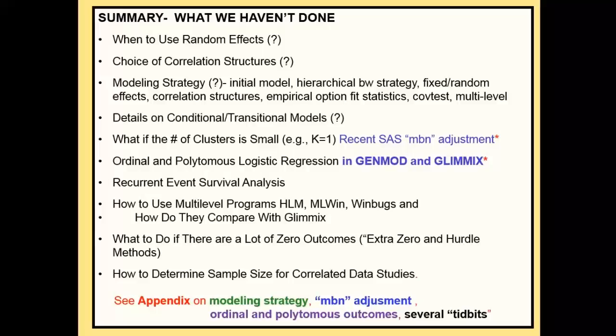Well, it's not that clear-cut, but one way you could decide that is to consider the most complicated set of random effects you want to allow yourself to worry about, fit that model, and then try to simplify that model using some of the procedures we talked about, like Cove Test.